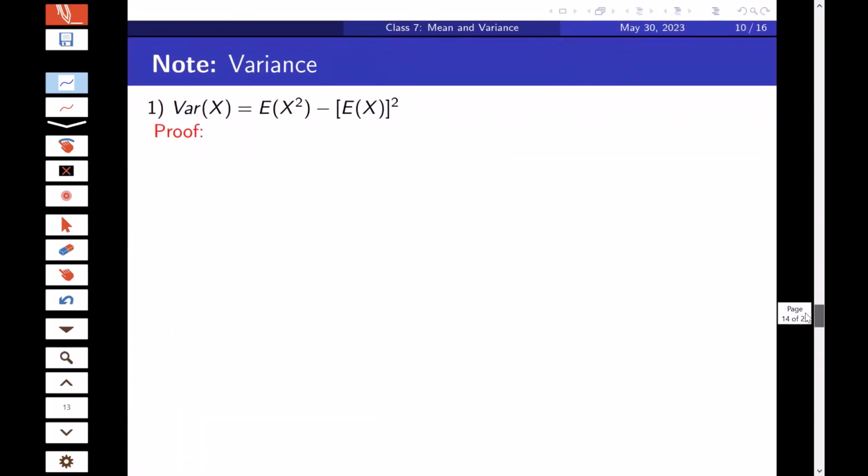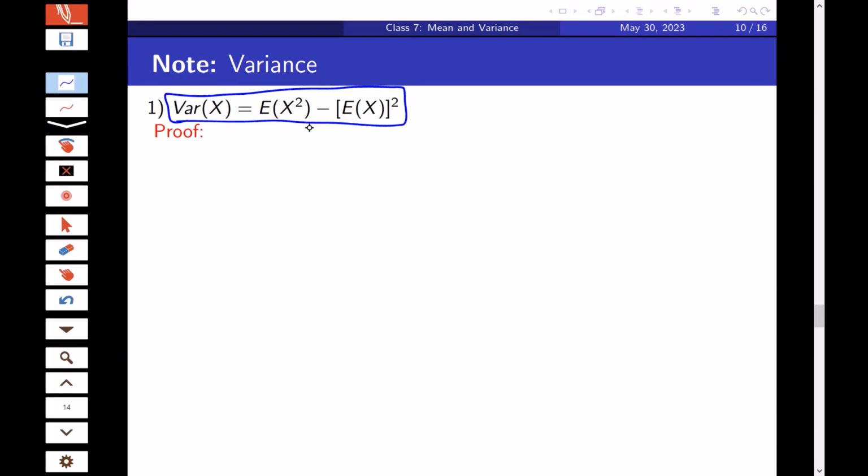Now I'm going to provide an easy way to find the variance. This is the simplest equation you can use. The previous one you can use, but it is a little complex, so this one is easier.